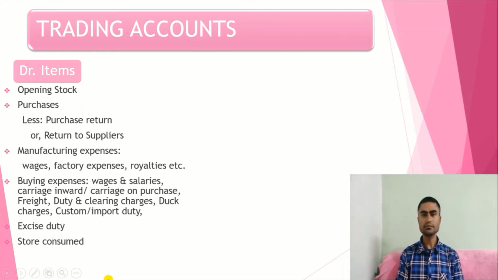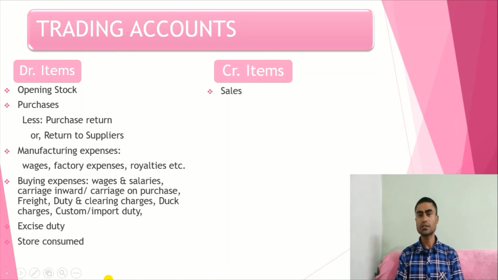Now let's move to the credit side. In the credit side very few items are recorded, and it is very easy to remember as well. In the credit side all the direct incomes are recorded, and there is sales at first. So sales is to be written first, and if there is a sales return, it should be deducted from the sales amount.